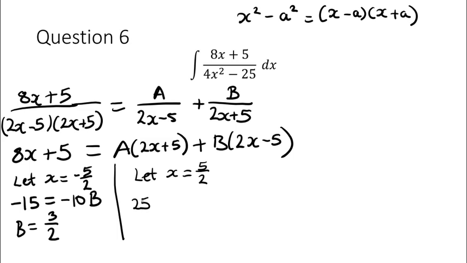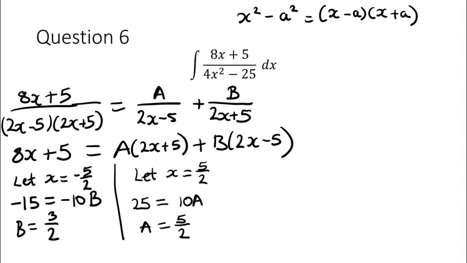Then on the right-hand side, in that first bracket, I do 2 times 5 over 2 plus 5, which will give me 10, and then times it by the a. And as we discussed, the second bracket is going to go to 0. So divide through by 10, and we get a as 5 over 2.